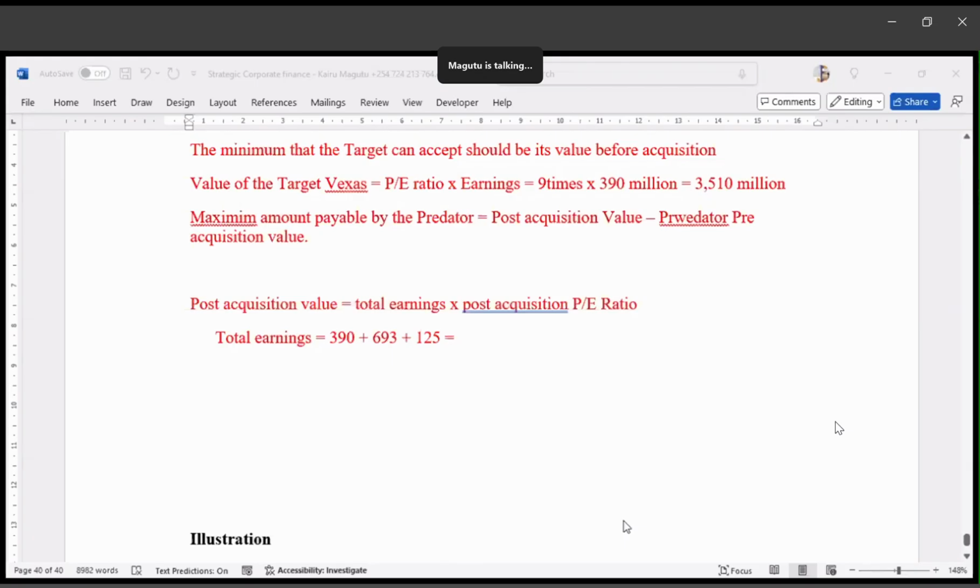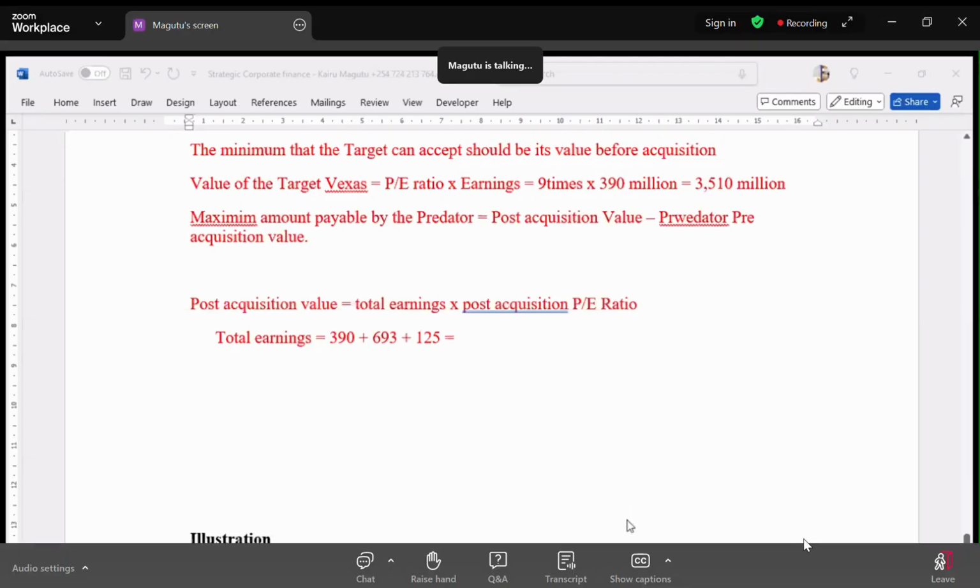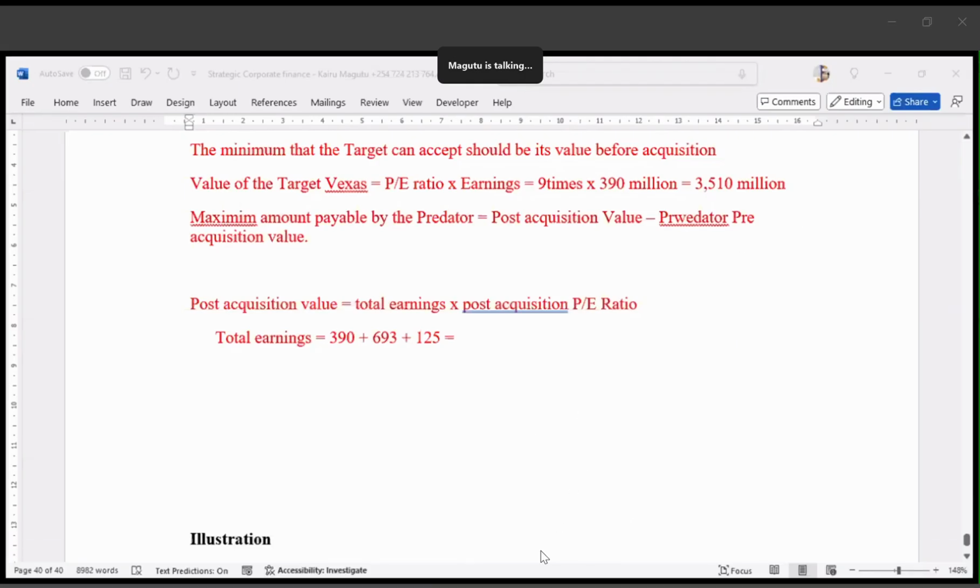Sum them up. Is it 1510? 1208 million. That's what I see.